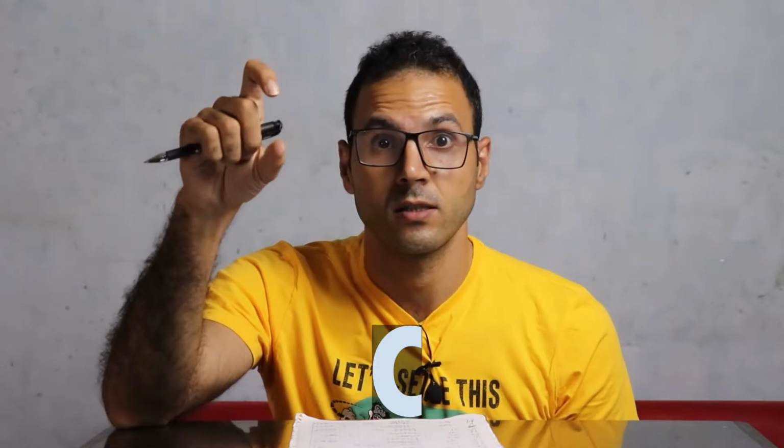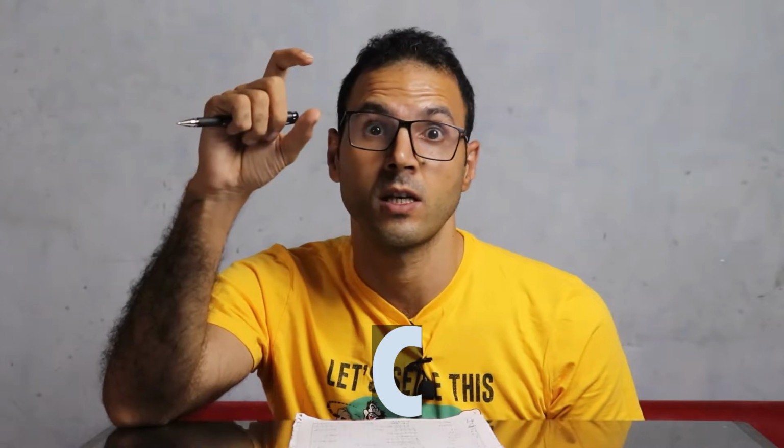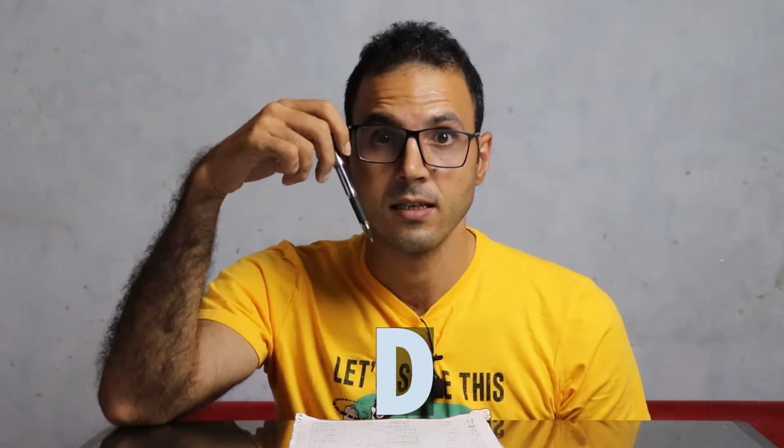By the way, it gives us two sounds, chi and ka. And in the next lesson I will tell you when it gives us the sound of chi and when it gives us the sound of ka. And this one, D. It gives us the sound of D. And this one, E.